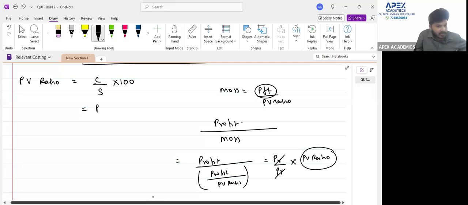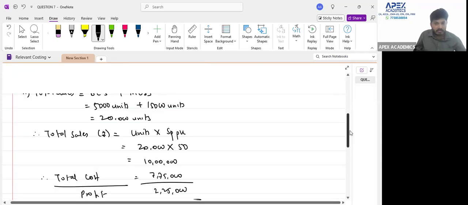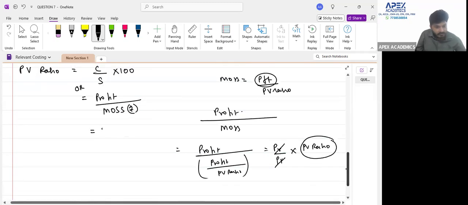What is profit? Sir, it is given to us, or profit upon margin of safety. Margin of safety, of course, this is in rupee terms. What is the profit given to you in the question? Profit is 2,25,000.